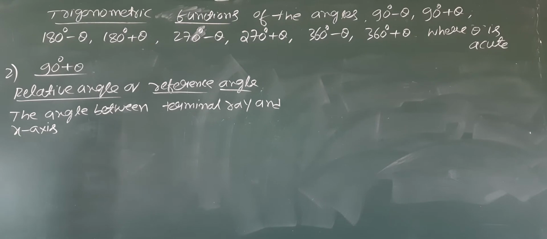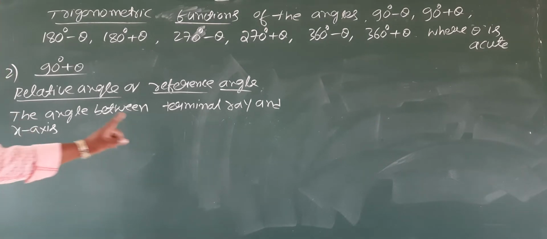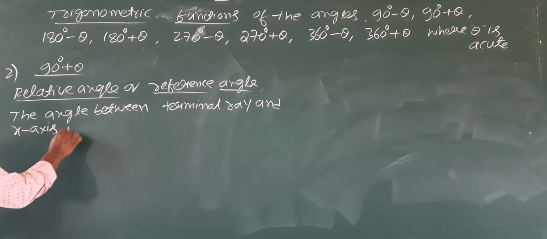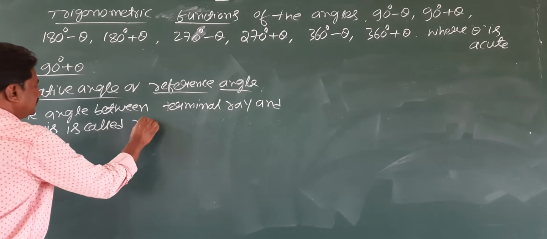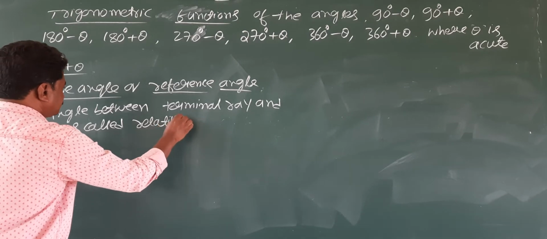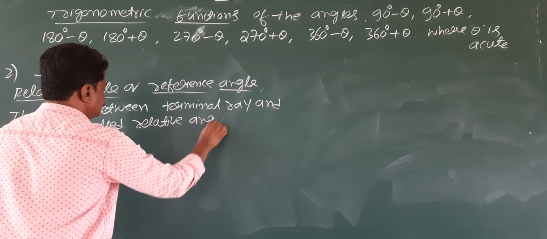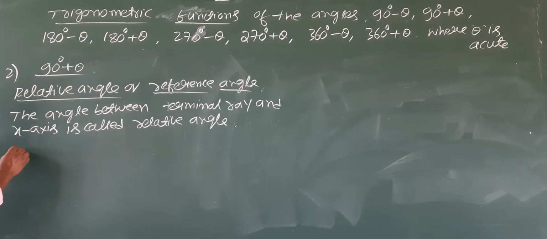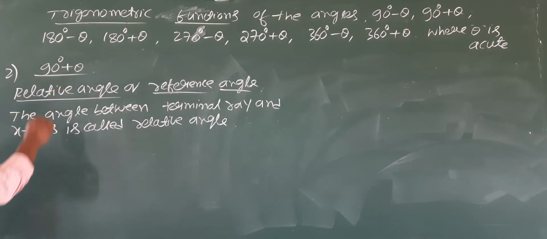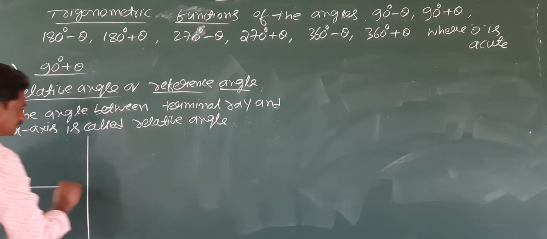The angle between the terminal ray and the x-axis is called the relative angle. Now look at this, students. Now let's go for this 90 plus theta.